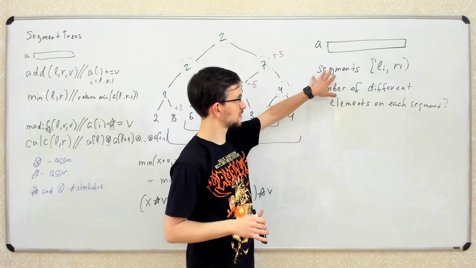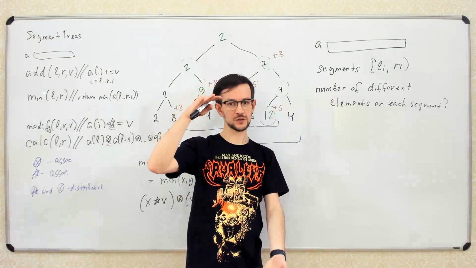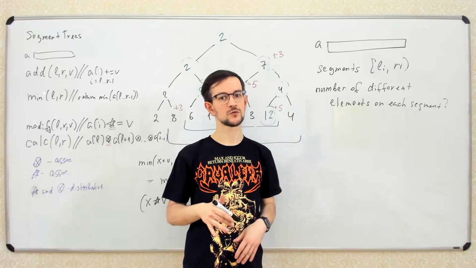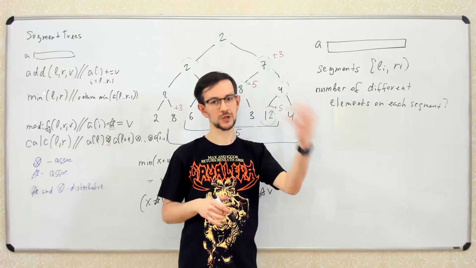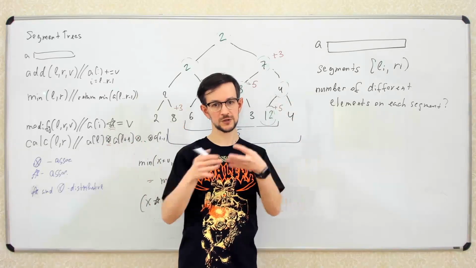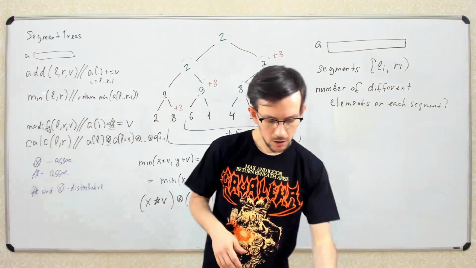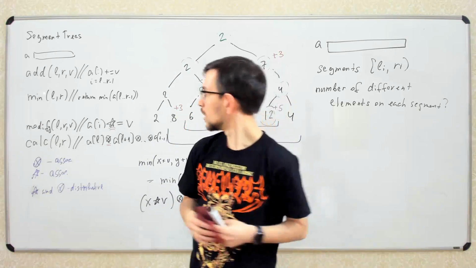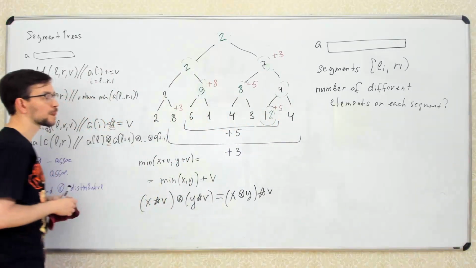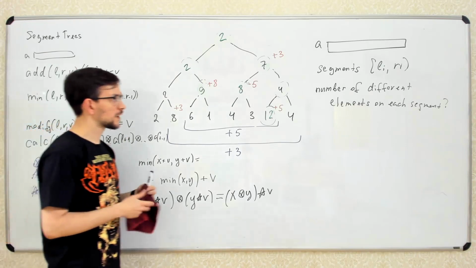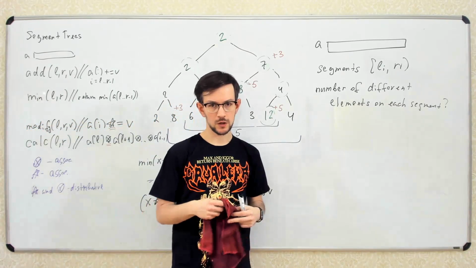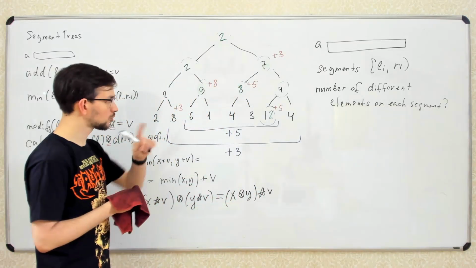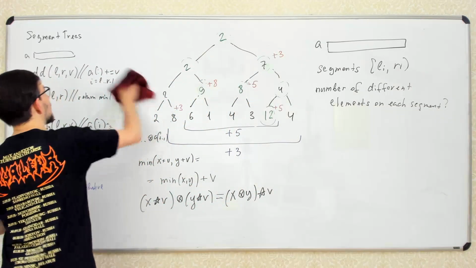So you have the list of segments, and you need to answer all these questions. For each segment, you need to output a number, which is the number of different elements in this segment. That's the problem. There are different approaches to solve this problem, and I want to discuss one of them.